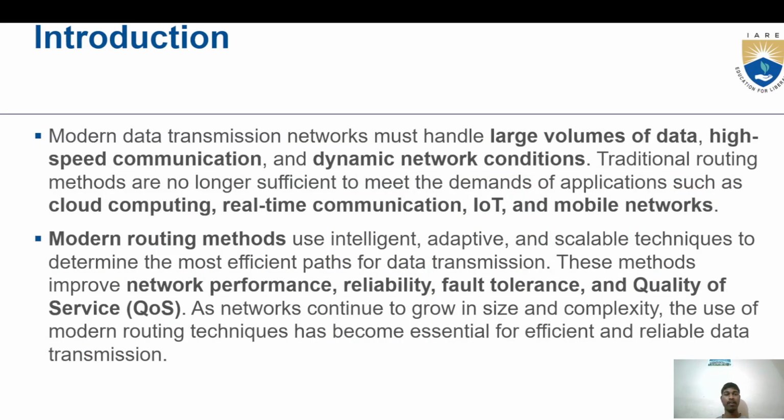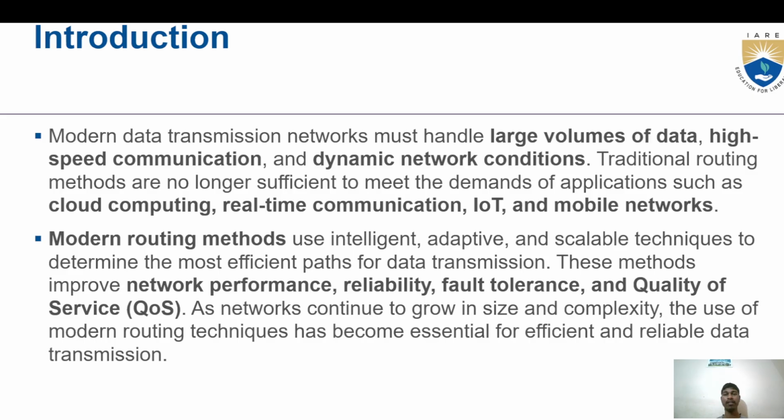Introduction. Modern data transmission networks must handle large volumes of data, high speed communication, and dynamic network conditions. In this modern world, data, tech, and the internet network are growing very rapidly.